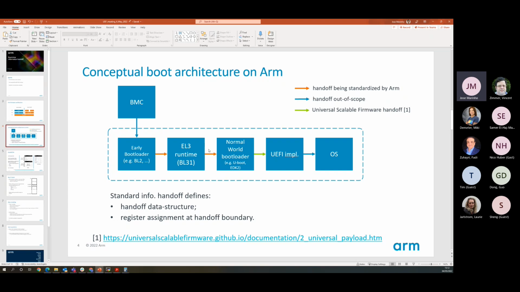In our current investigation or in our current design, we're focusing on a very much ARM-specific way of handing off the information for the ARM-specific layers of the firmware.